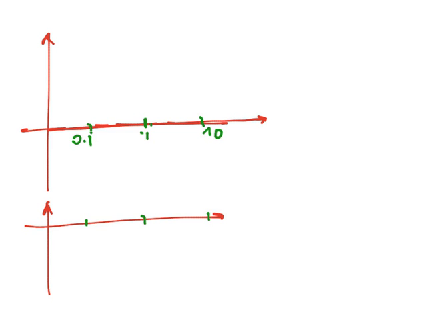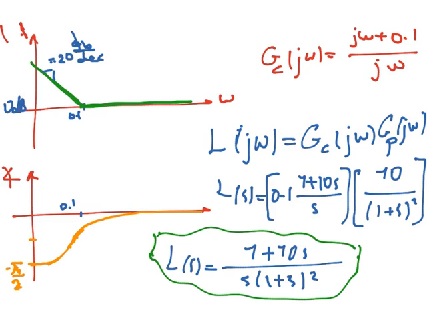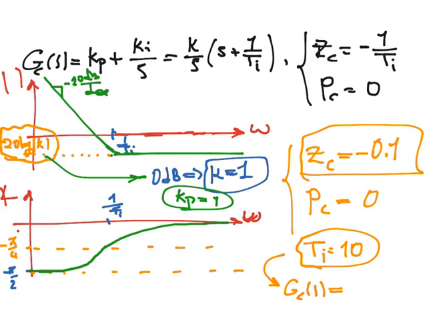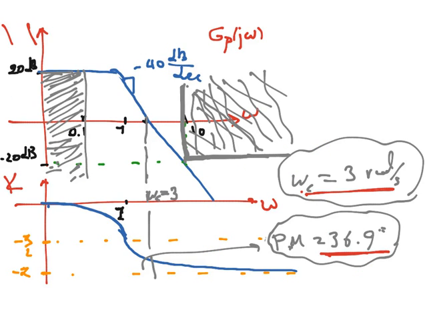So for frequencies smaller than 0.1, we are going to add this minus 20 dB per decade slope, which comes from the controller, from the G_C(jω), to this flat line which we had from the original process. So for very low frequencies, we will have the slope of the amplitude line equal to minus 20 dB per decade, which will be the case for the frequencies up to 0.1.